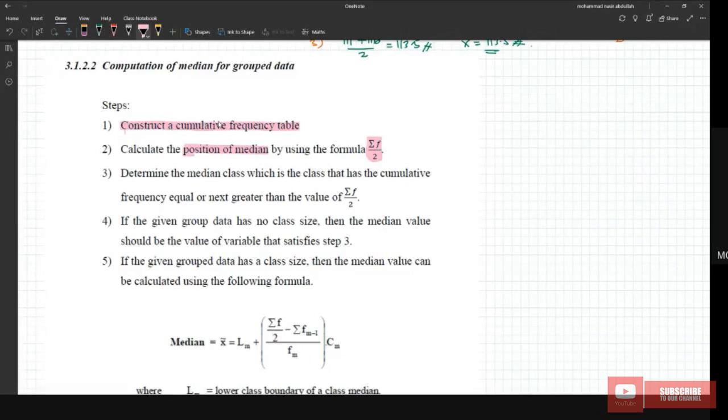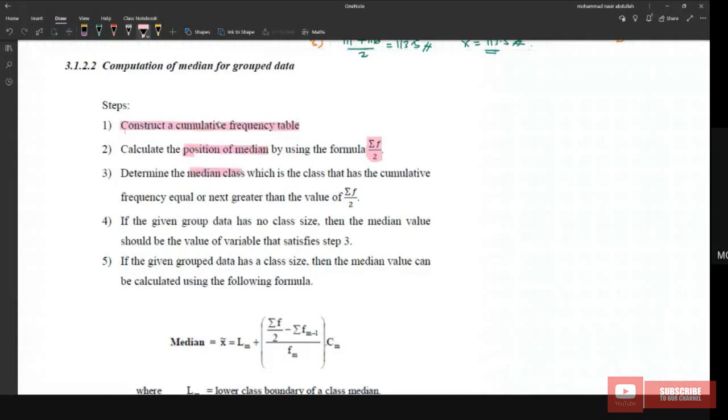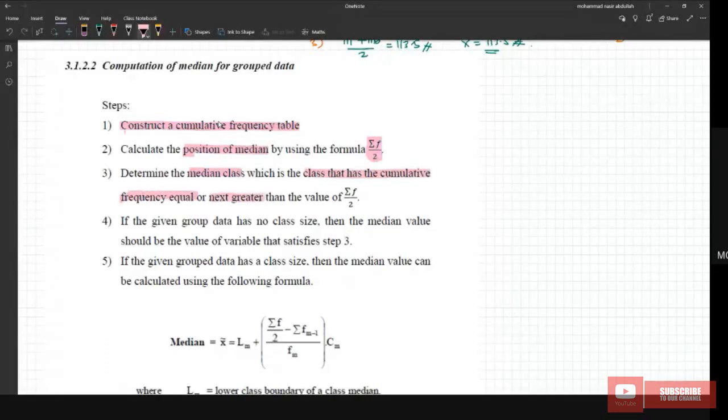Then step number 3, we need to determine the median class, which is the class that has cumulative frequency equal or next greater than summation of f divided by 2.